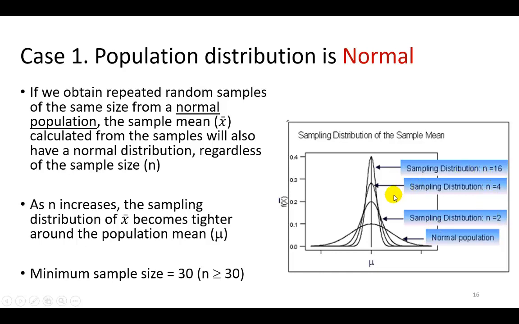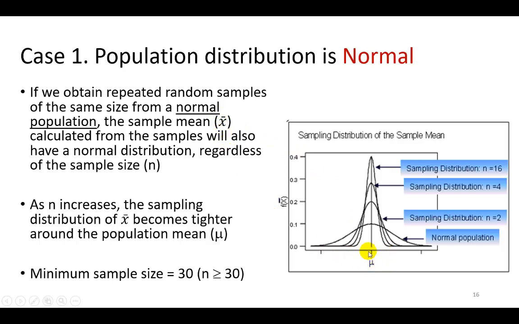So this has an important implication in empirical applications. As you can see, the larger the sample size that you work with, the tighter the distribution would be, and therefore any sample mean that you calculate from your sample would be one that is as close as possible to the mean of the underlying population, which would be quite wonderful, because remember, you're going to be using your sample mean x bar to make inference on the population mean.